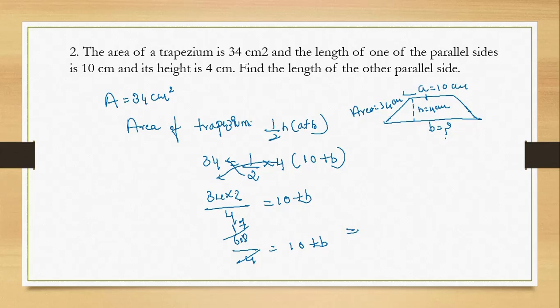So we get the equation 17 is equal to 10 plus b.